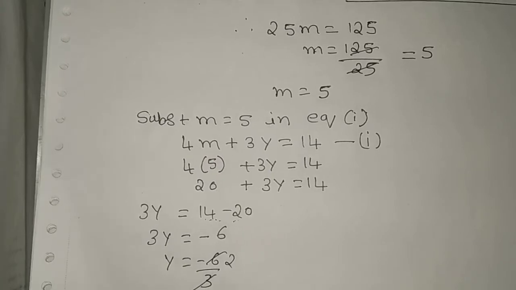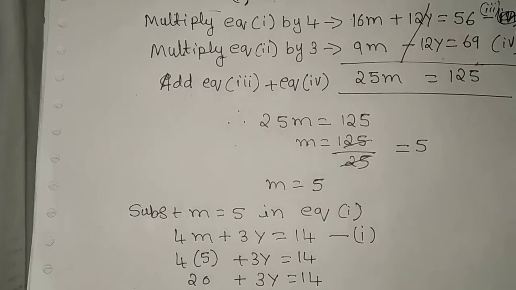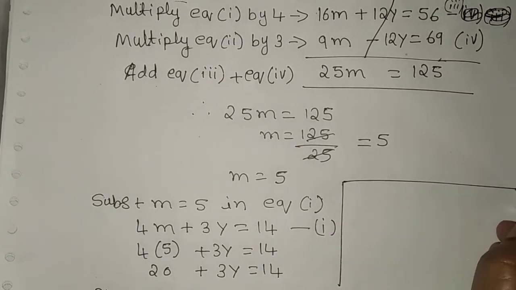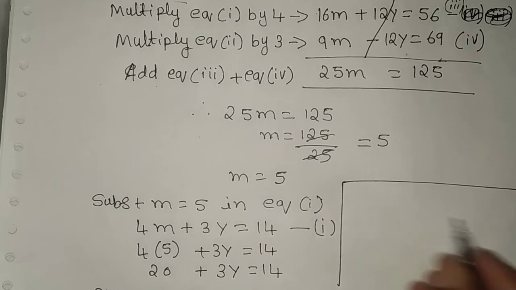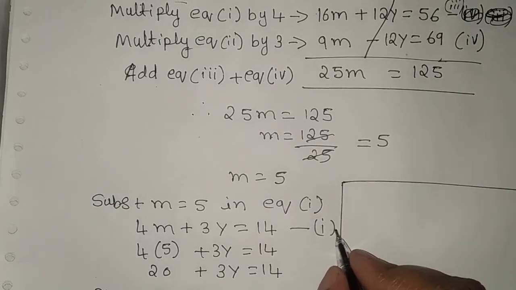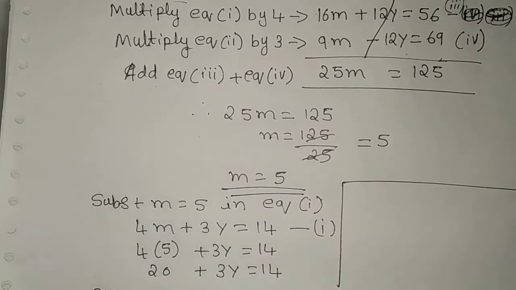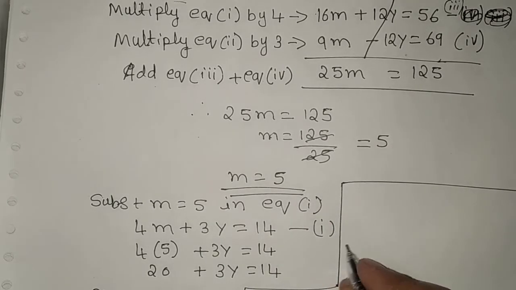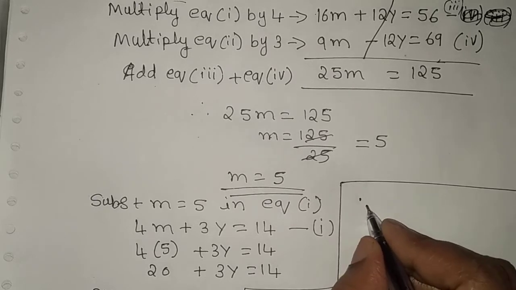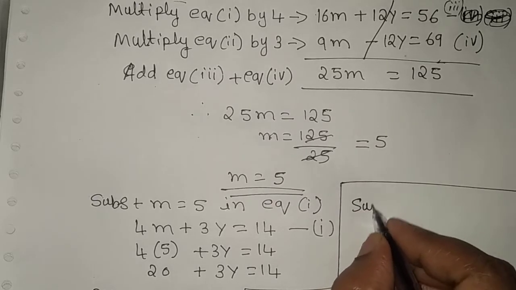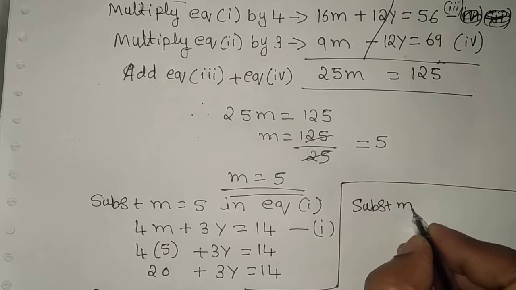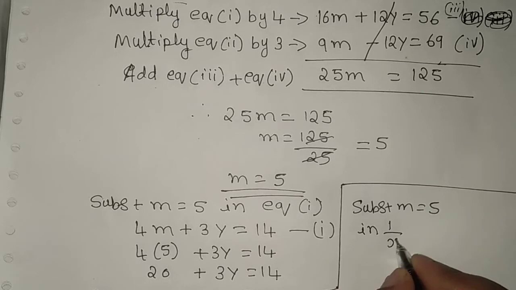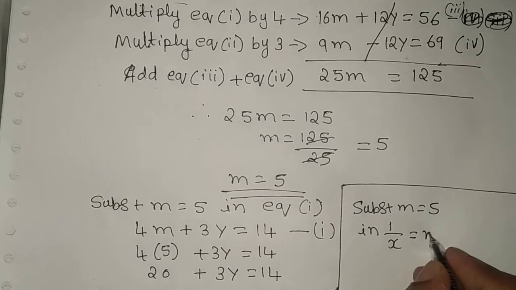Now we have got m and we have got y. After this, we take m and substitute m is equal to 5 in 1 by x is equal to m.